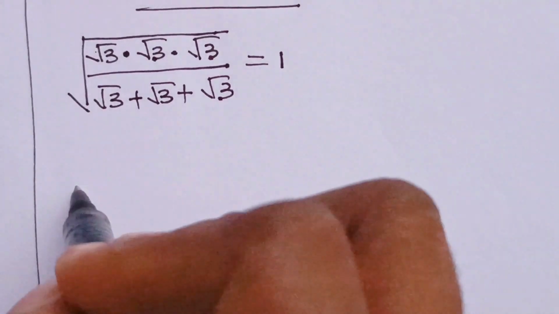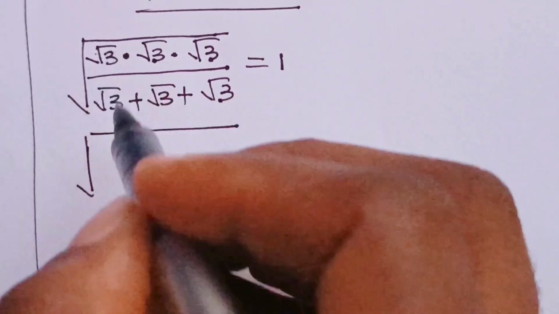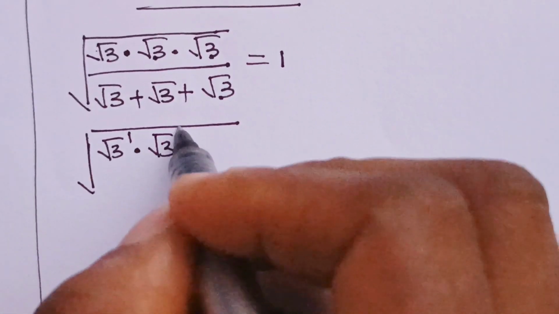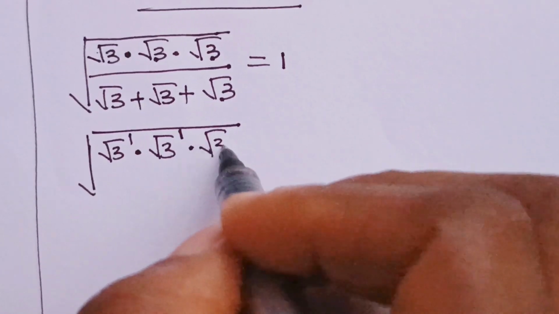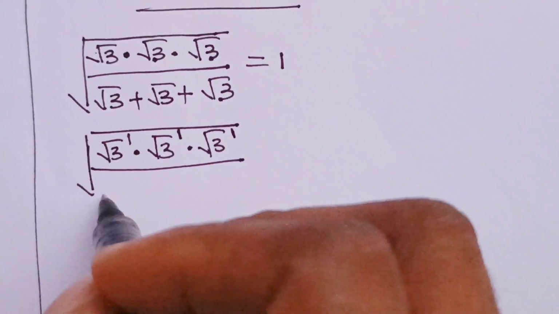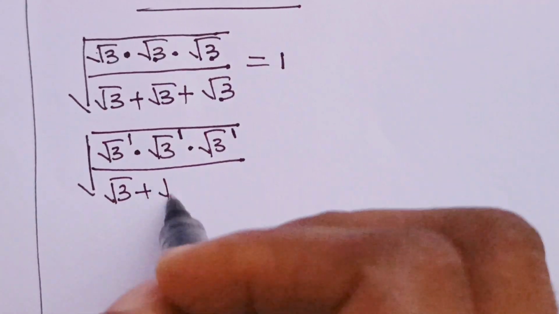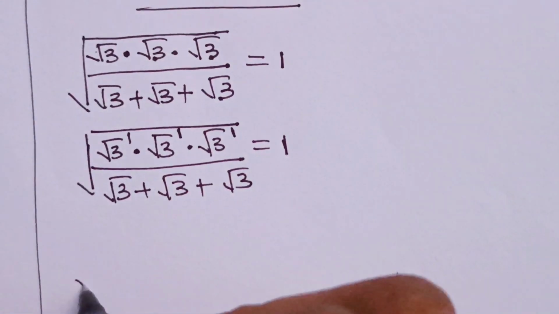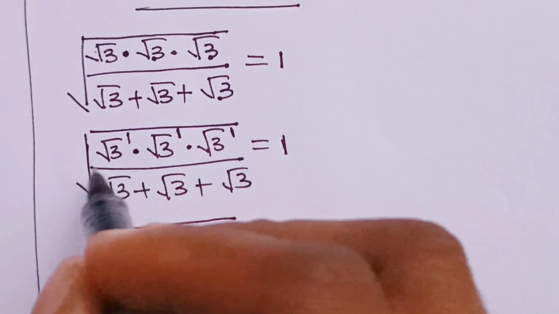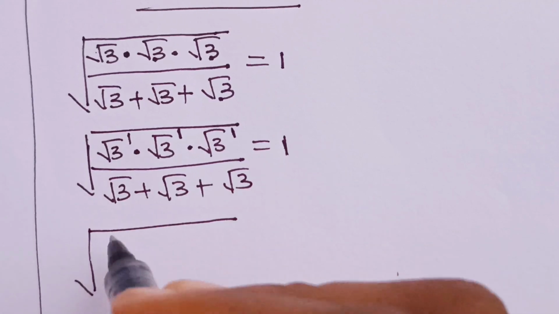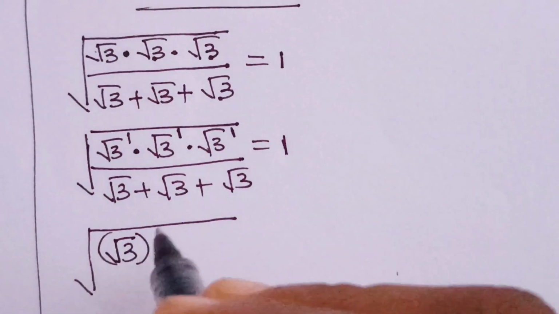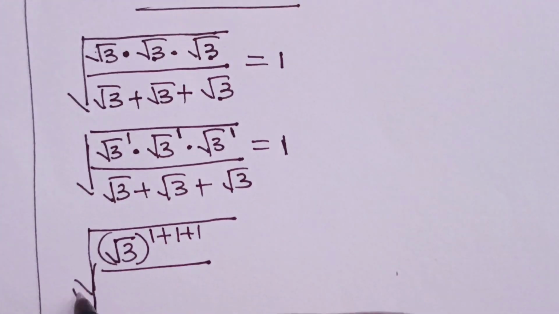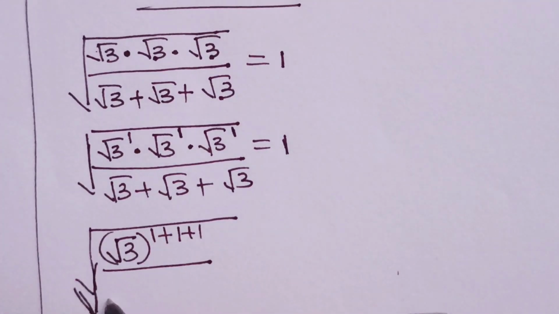Now we have square root of, so this is the same thing as root 3 to the power of 1 multiplied by root 3 to the power of 1 multiplied by root 3 to the power of 1, divided by root 3 plus root 3 plus root 3 is equal to 1. Since they're multiplying, just like we explained earlier, we pick one base and we add the powers: 1 plus 1 plus 1, divided by, here we factorize what they have in common, which is root 3.